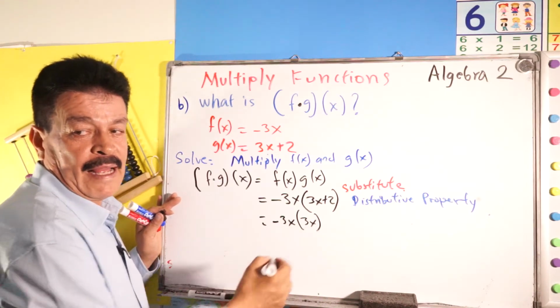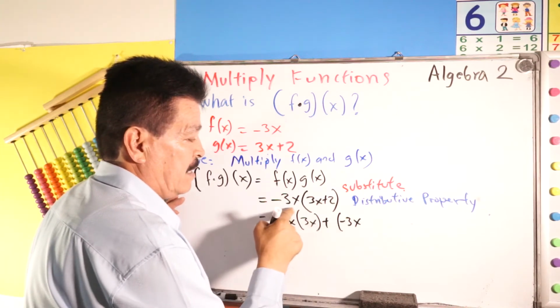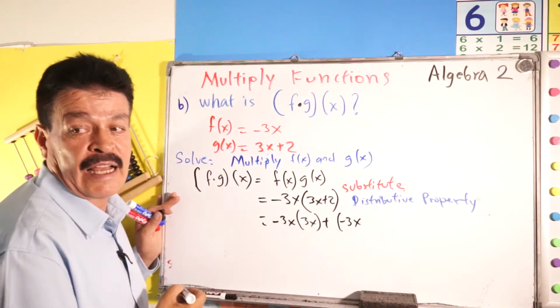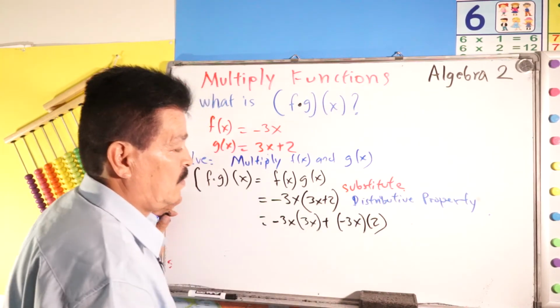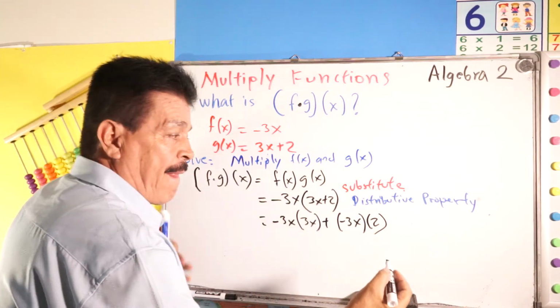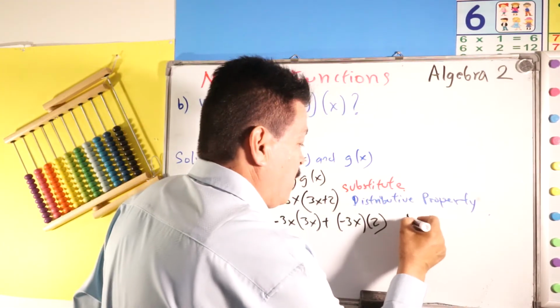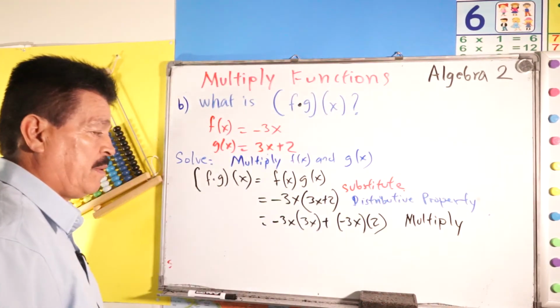Next step, plus negative 3x times 2, right? So now, multiply those numbers.